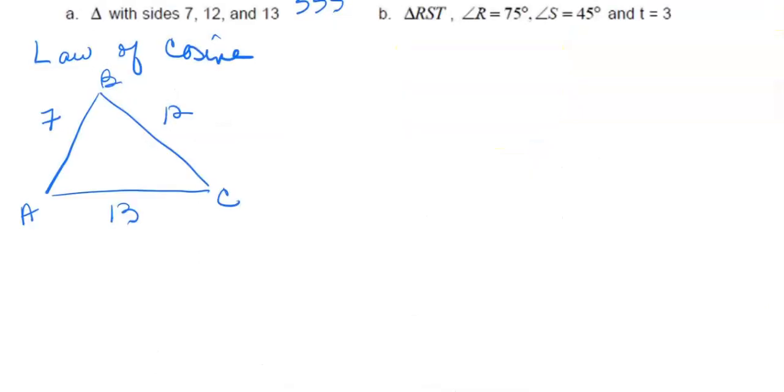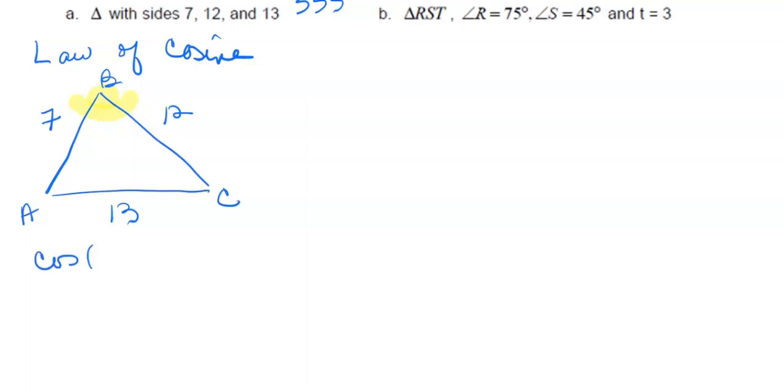Okay, so let me come back in here. Okay, when you use law of cosines, find the biggest angle first. Okay, what's going to be the biggest angle? It's going to be angle B right here. And how come? Because it's across from the biggest side. So that's important for you to know. So I'm going to write out this for you.